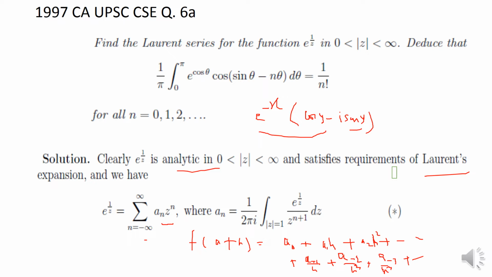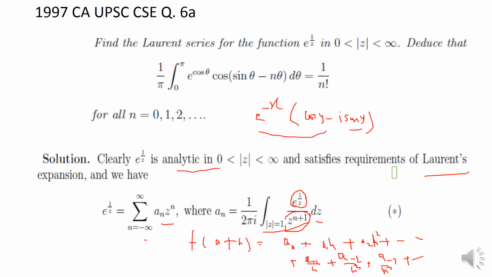So this is the simple form where we have a n is equal to 1 upon 2 pi i closed integral c, and here we are taking closed integral as mod z is equal to 1, which is unit circle. We may take any another one also. f(z) is e to the power 1 upon z minus a to the power n plus 1, z minus 0, because a is 0 here, because e to the power 1 upon z, so z is 0, dz.